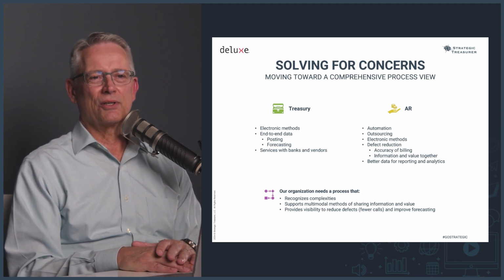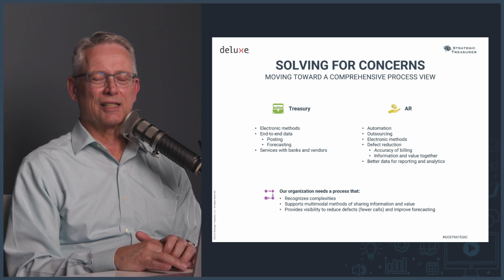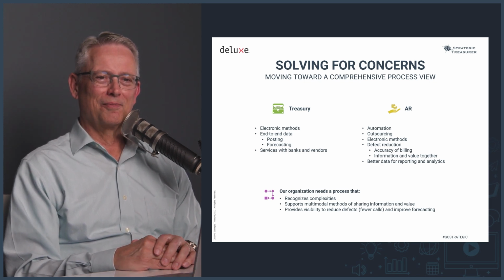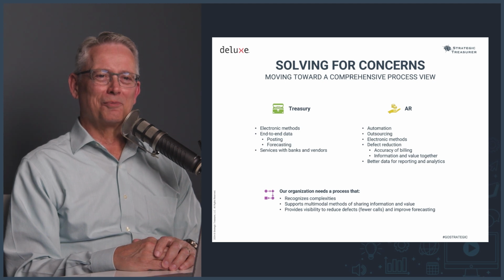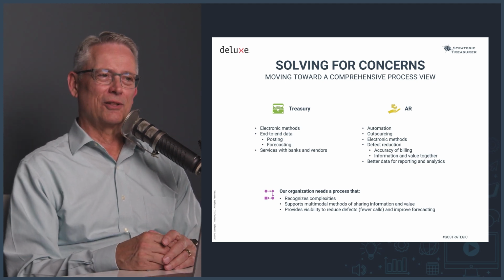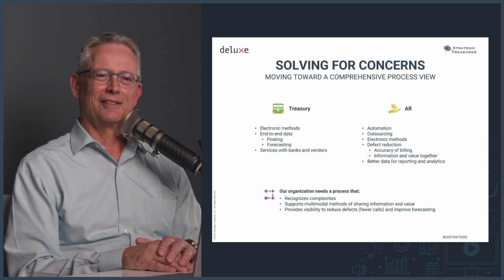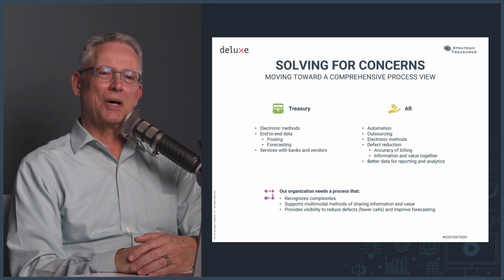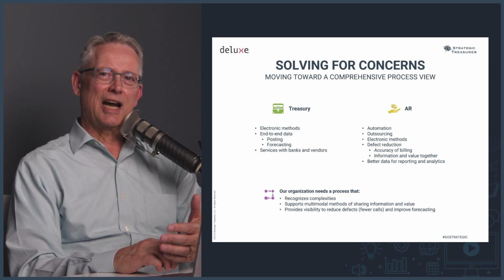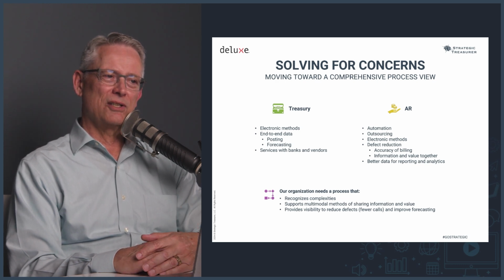I know we're going to talk a little bit about straight-through processing. That's a concept that I think needs some work. There are companies that think straight-through processing is if the money lands in the account, it went straight through. Not really the case.